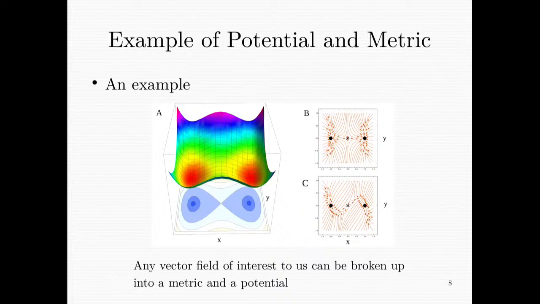So the metric is an extra piece of information that you need in these kinds of gradient flows because they really tell you where you're going to end up. And of course, this is essential from the developmental biology perspective because we want to think about these different stable fixed points as different kinds of differentiated cell types.